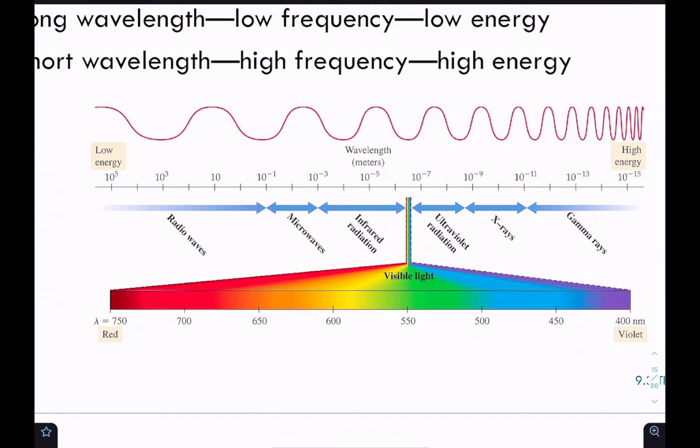But moving up from radio waves, which cover this very large portion, we get microwaves. The frequencies actually used in your microwave are fairly long. The reason that they heat things up is because they resonate with the bonds in water molecules, so they directly excite water molecules.